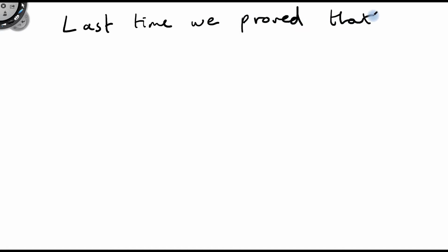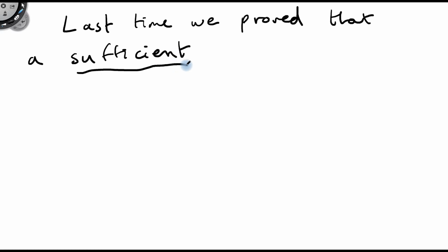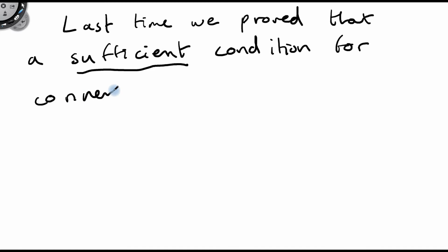So last time we did a proof of convergence. We proved that a sufficient condition, and I'll explain why I'm introducing the word sufficient in a minute, for convergence of Jacobi.